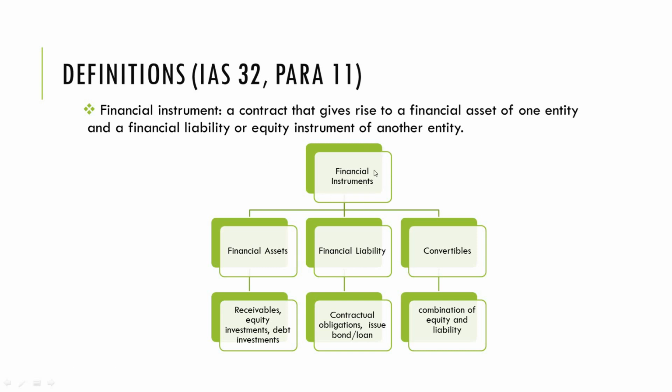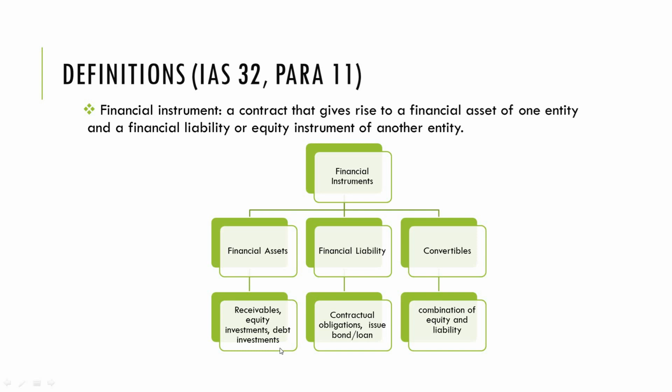When we talk about financial instruments, basically there are three different categories. The first category is financial assets. The best example would be receivables, like what I explained just now. Other than that, it can also be in the form of equity investment or debt investment. So this is basically like our long-term investment.